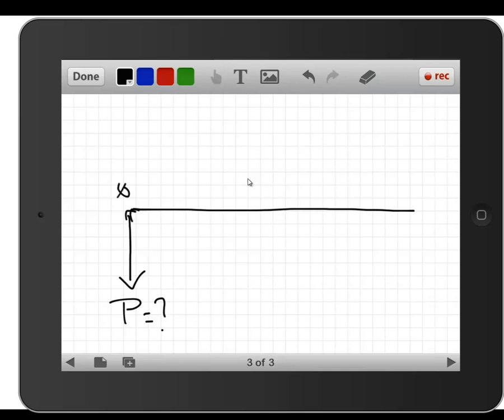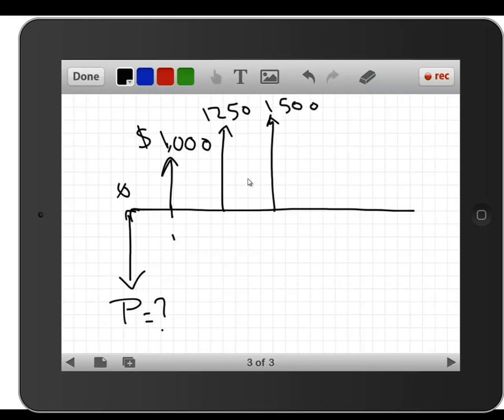At time 1 we have 1000. At time 2, 1250. At time 3, 1500. At time 4, 1750, and at time 5, 2000.